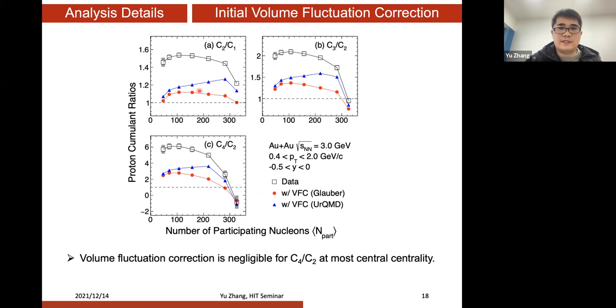It still needs more knowledge about how we apply this method on data.